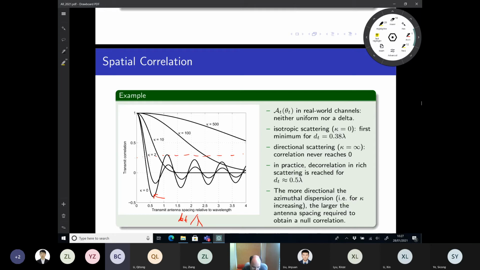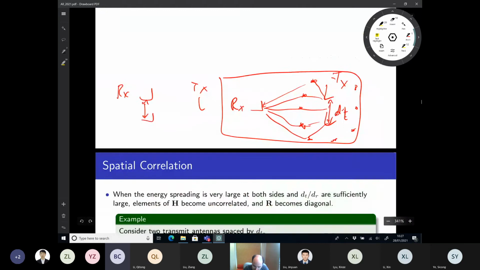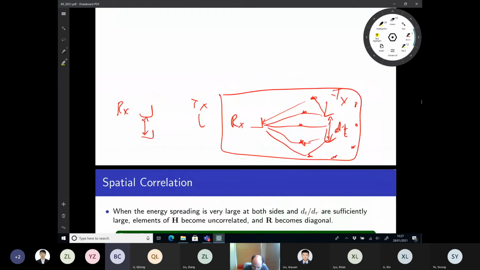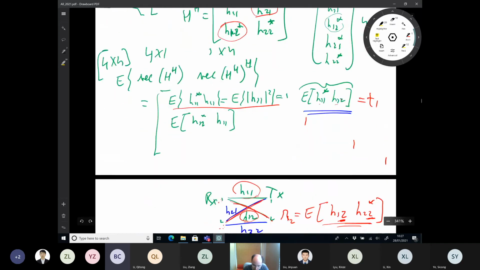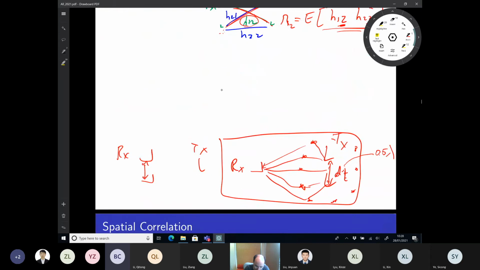So what that means is that if you have isotropic scattering like this, many scatterers around your array, and you spread the antennas by 0.5 wavelength, your two channel gains seen from one receive antenna, H1 and H2, which come from the sum of all those paths, will be quite uncorrelated with each other if the distance is larger than 0.5.